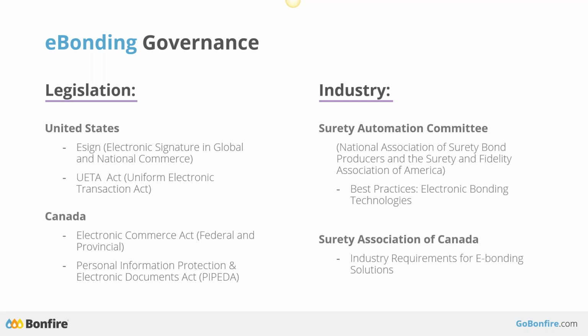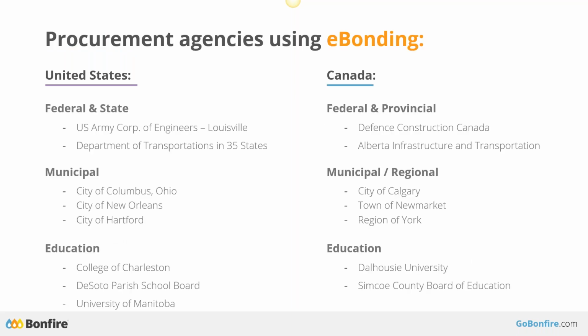So I'm moving along, just in terms of what the industry has done and what legal is. On this next slide, I'm really just giving you a quick snapshot, a cross section of the types of procurement organizations that are using digital bonds.